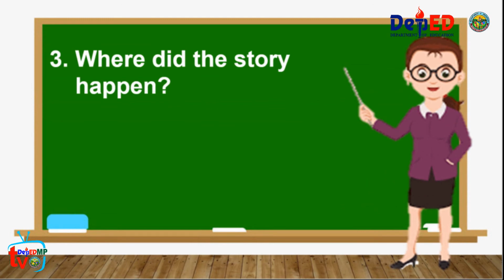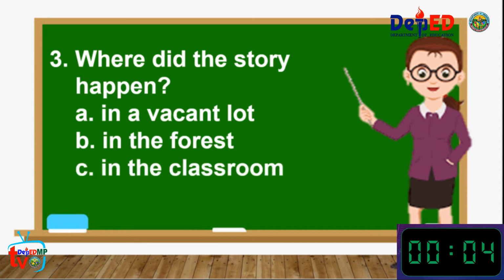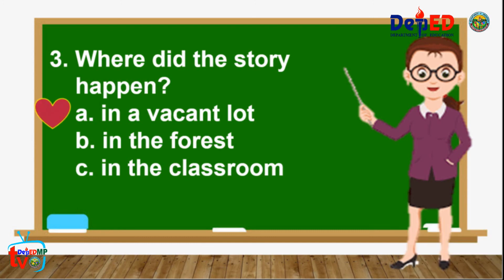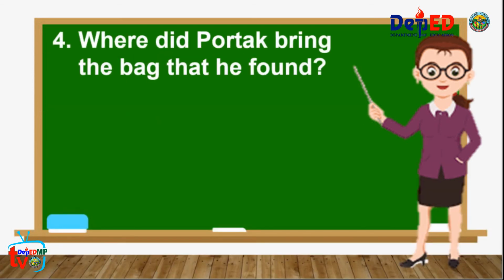Number 3. Where did the story happen? A. In a vacant lot. B. In the forest. C. In the classroom. The answer is letter A. In a vacant lot. Number 4.